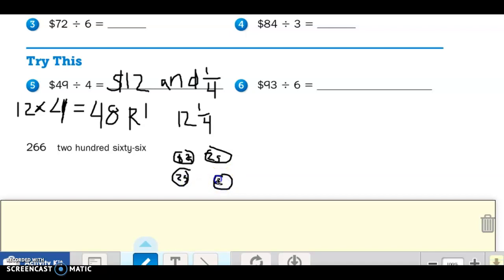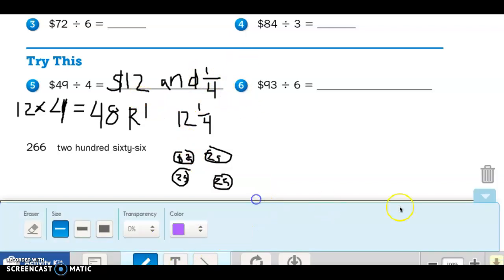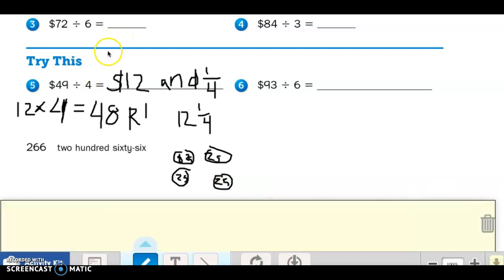So what's another way I could write this instead of saying 12 and 1/4 dollars? Well, I could also say $12 and a quarter.